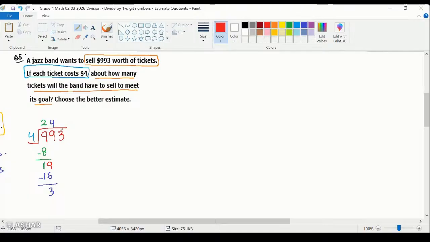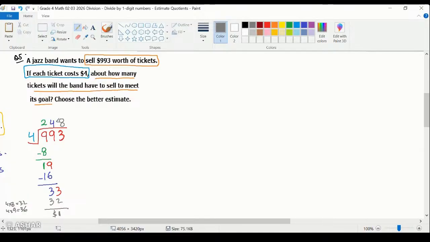And this 3 comes down. 4 times 8 is 32. We know 4 times 8 is 32 and 4 times 9 is 36. So we can say 4 times 8 is 32 and they're left with $1 as their target, right?